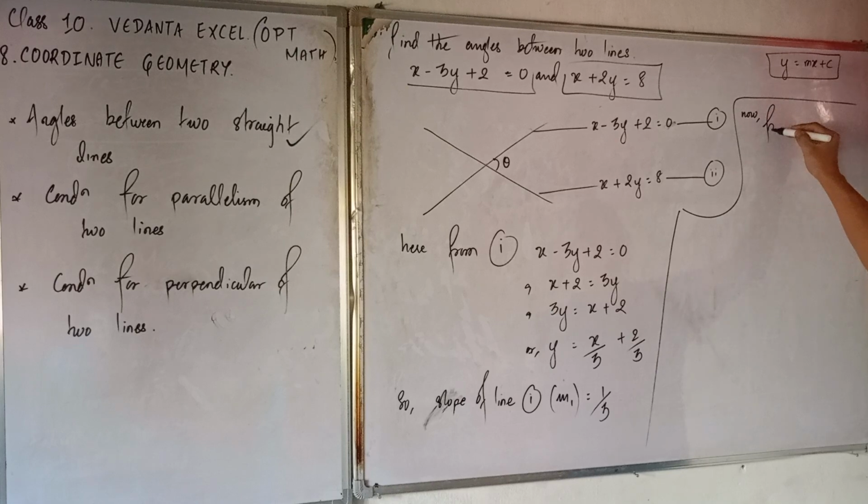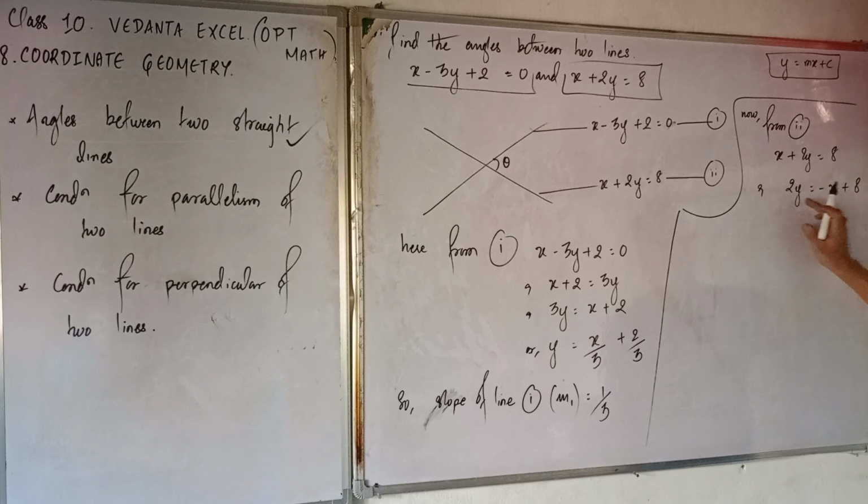Now, from line II, there is x plus 2y equals 8, or 2y equals minus x plus 8. I'm trying to express this equation in the form of y equals mx plus c here also.